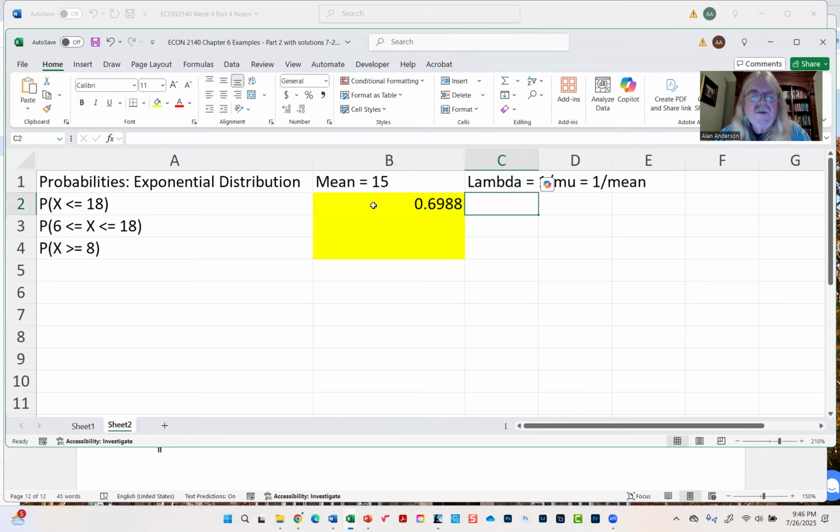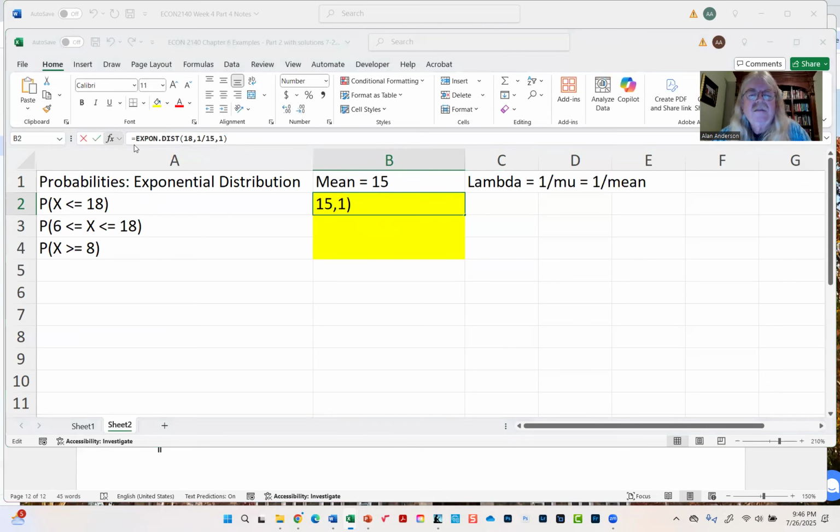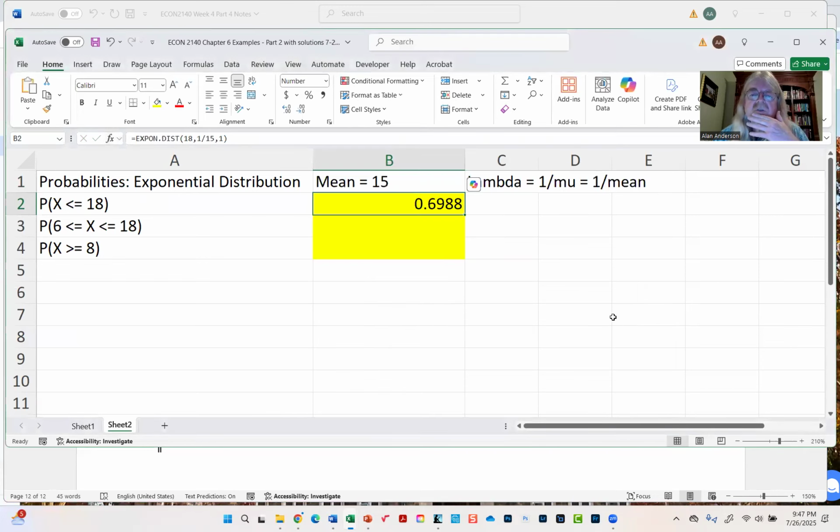So if you notice carefully, when it was asking for information, or actually, let's come over here and look at it. Lambda is the inverse of mu. I don't know why they chose to do it this way, but they did. So when you enter this into Excel, you have to keep this in mind. Don't put 15 there. It's 1 over 15. That's the only quirky thing you need to know here.